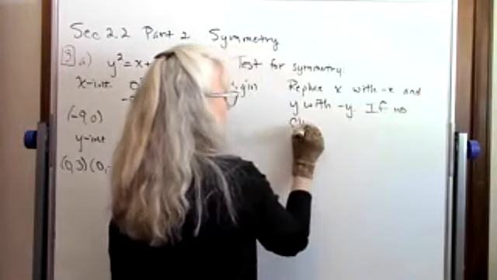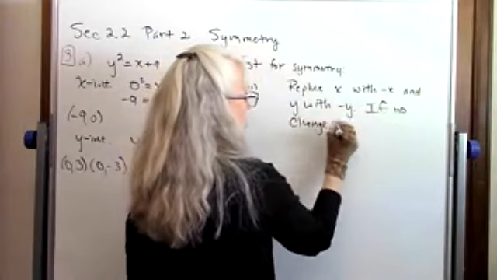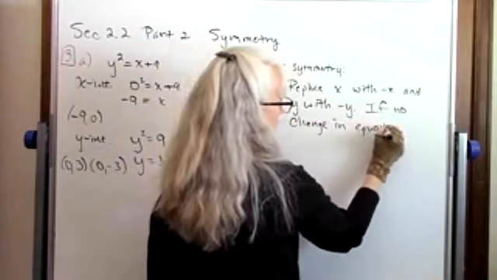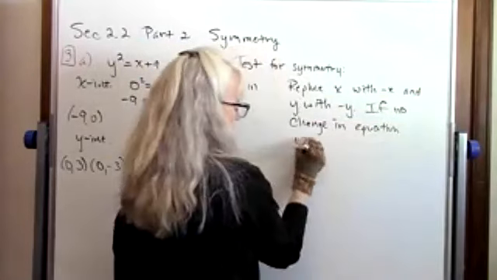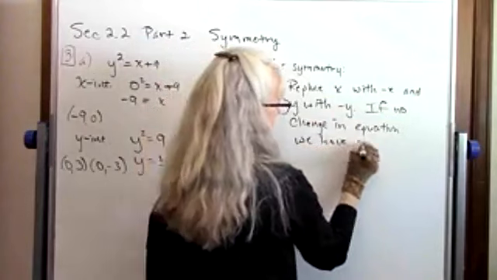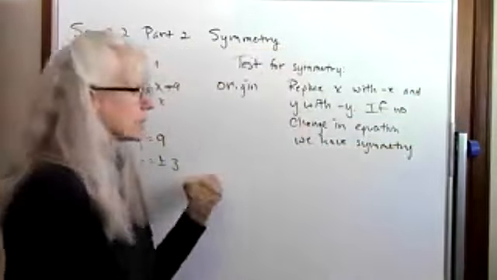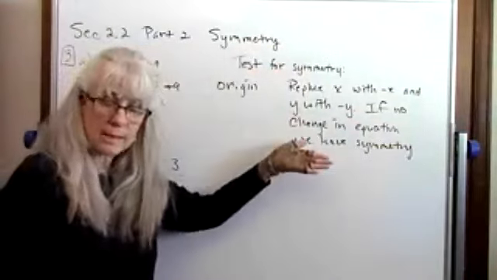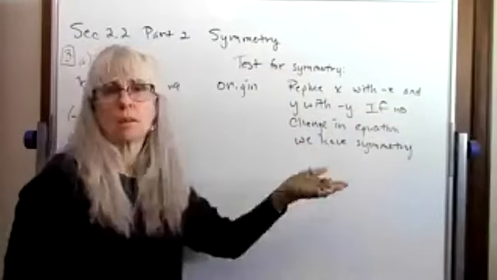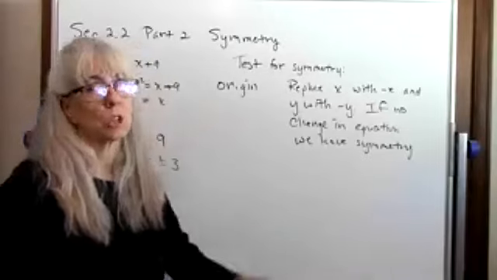No change in the equation. Because we need to be able to fold both across the y-axis and also across the x-axis. You're looking for both things. So I have to replace both of them, and we don't want any change in our equation.